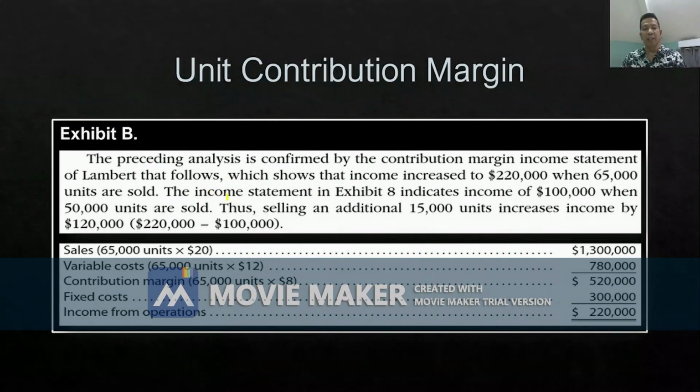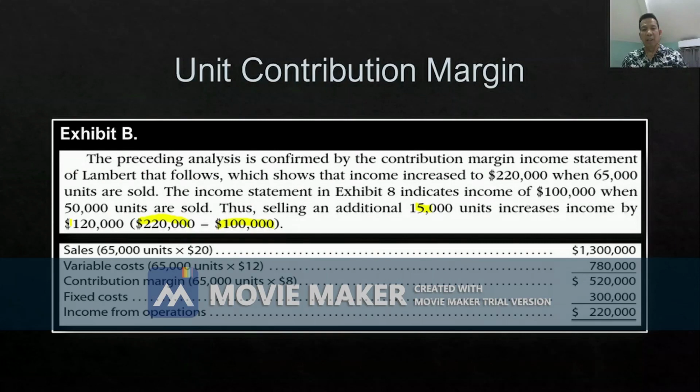The income statement in the exhibit indicates income of $100,000 when 50,000 units are sold. So selling an additional 15,000 units increases income by $120,000, which is $220,000 minus $100,000.